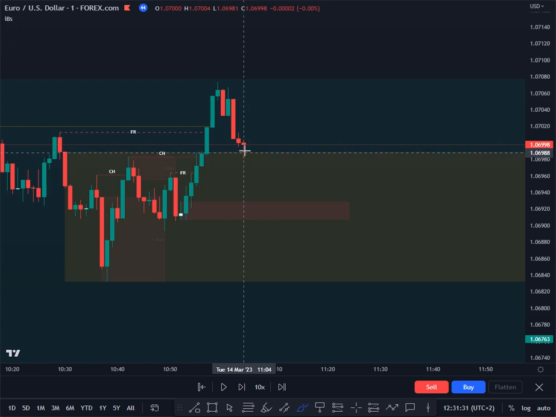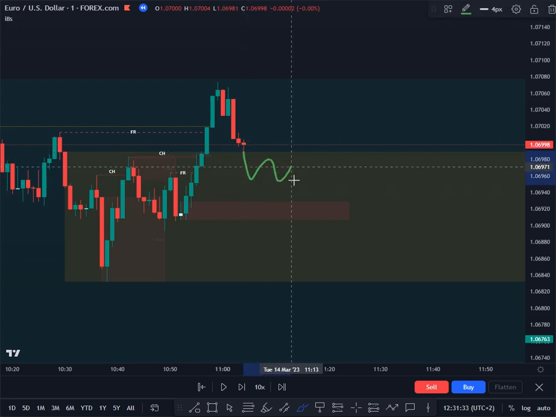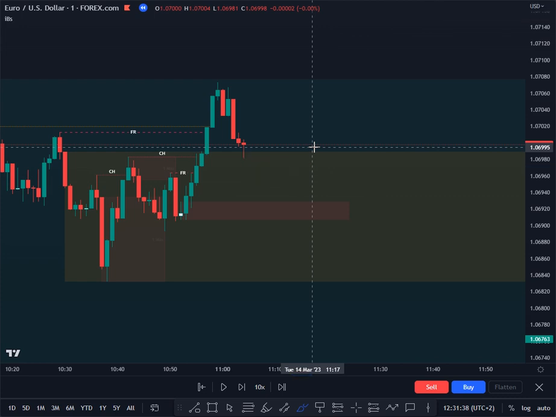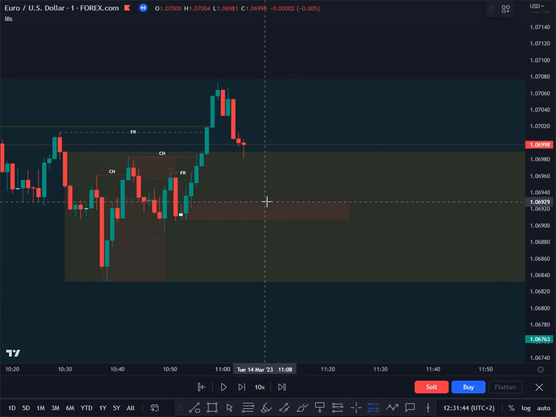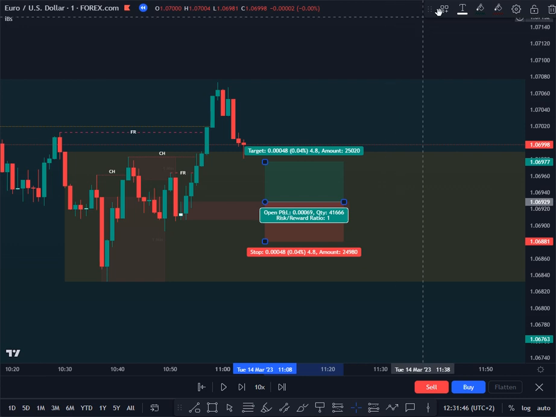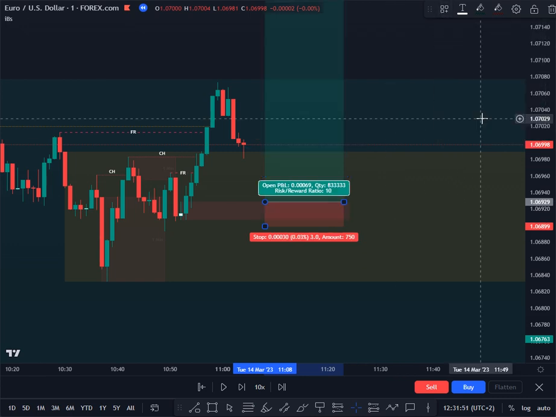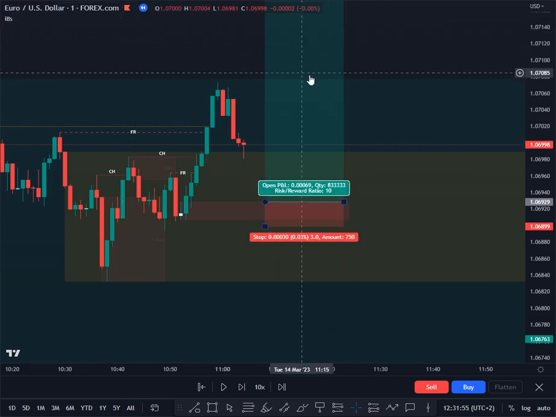So much so that instead of waiting for price to come in and making structural shifts, I'm going to look to try and enter a bullish position from this zone over here and see if I can come in and trade from the zone, because it has all the confluence around it.